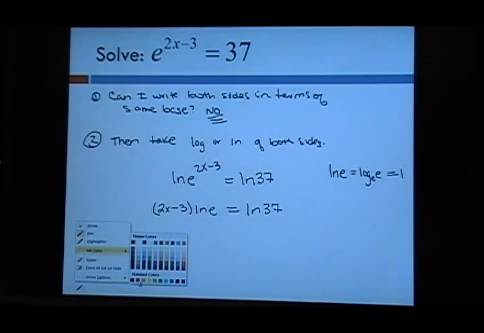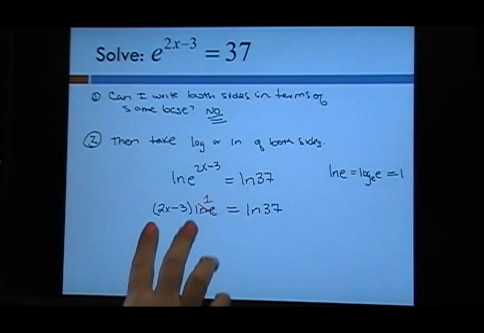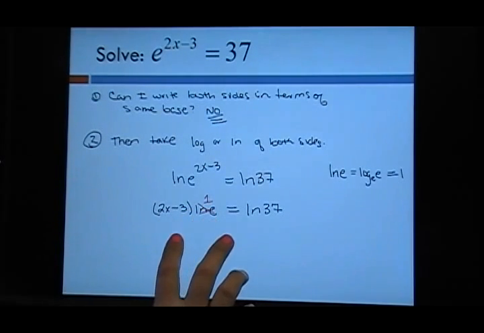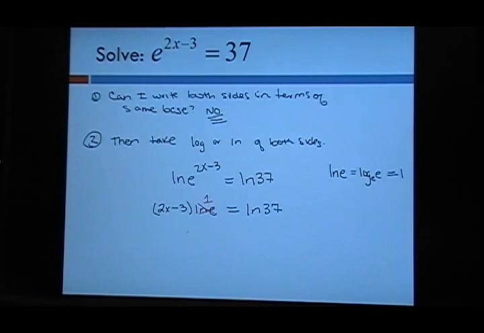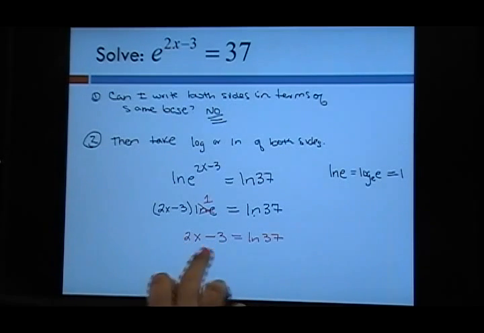Okay? So this is just 1. And multiplying 2x minus 3 by 1 is just 2x minus 3. So we have 2x minus 3 equals the natural log of 37. And now I just have a basic linear equation. I can work to isolate that x.